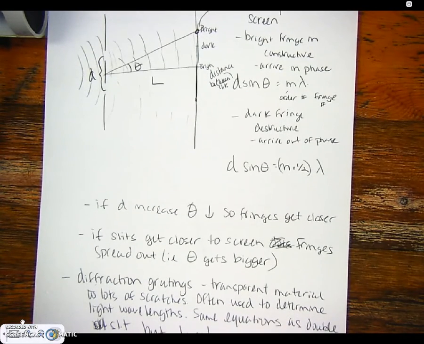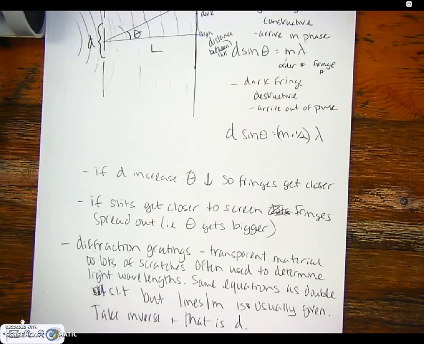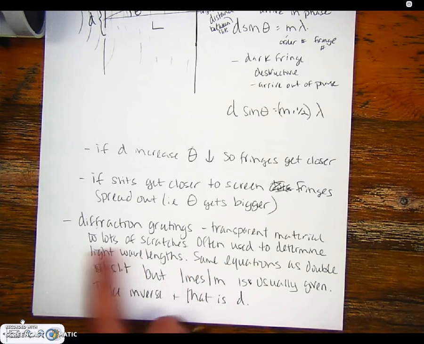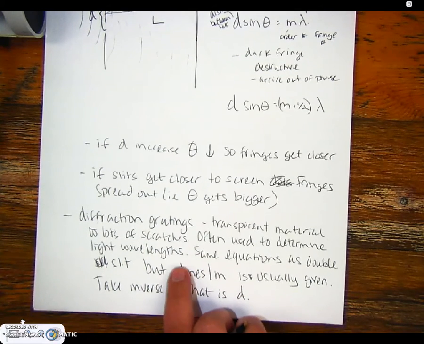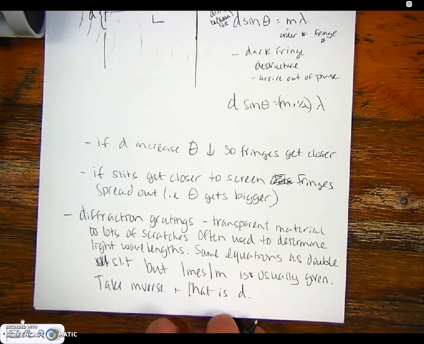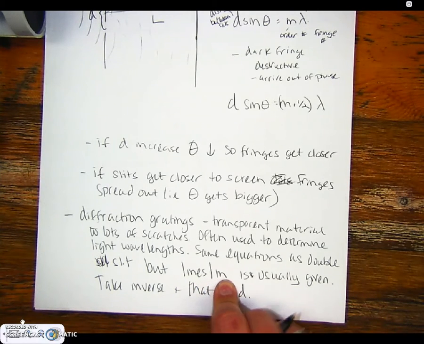Now, other than double slits, sometimes we use something called a diffraction grating, which is basically just a transparent material that has a lot of scratches on it, and it's used to determine the wavelengths of light frequently. It's really the same equation as the double slit experiment, but typically with diffraction gratings you're told how many lines or scratches there are per distance measurement, like lines per meter.